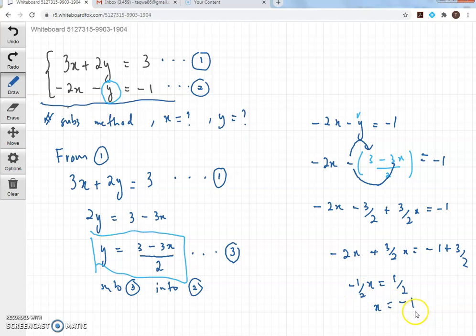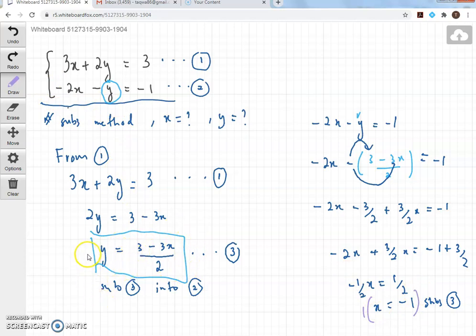So once you get the value of x equals negative 1, you can substitute it anywhere in the equations that you have, either number 1, number 2, or number 3. It's up to you. So let's say I choose to substitute into 3. You are going to substitute the value of x equals negative 1 into equation 3 to get the value of y.